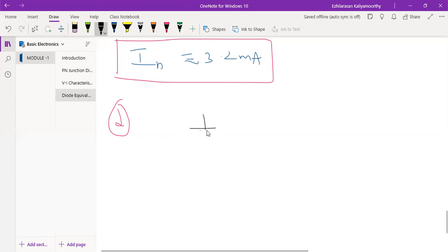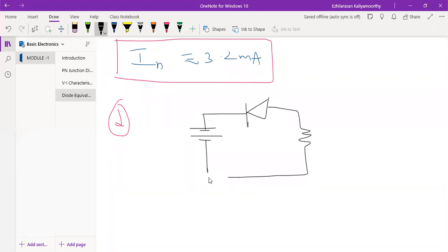You should answer now. This is 8 volt. They won't give anything. This is VD. This will be your 2.2 kilo ohm. Yes. Now you can give your answer in the chat box.